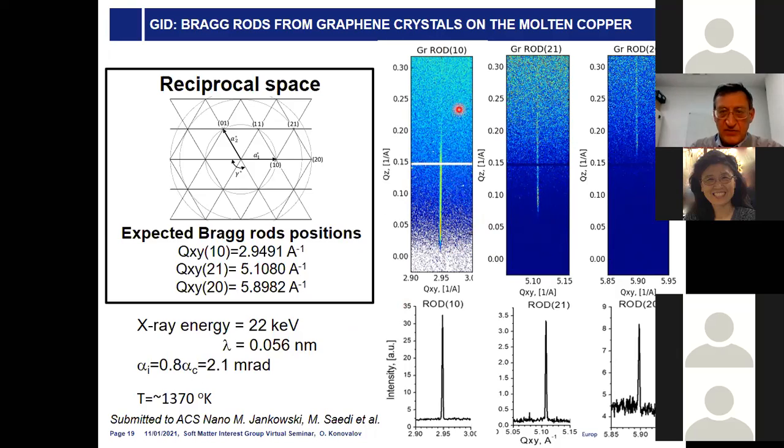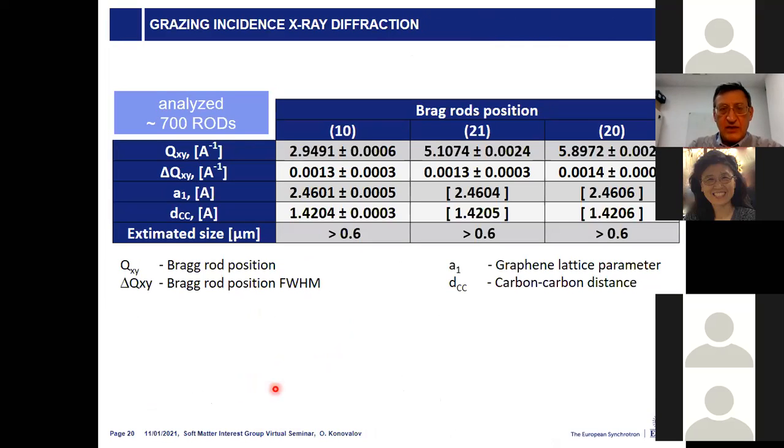And these measurements were done at 22 keV at 2 milliradian grazing angle at the temperature of liquid copper. In one set of measurements, we were able to observe 700 rods from our graphene flakes.